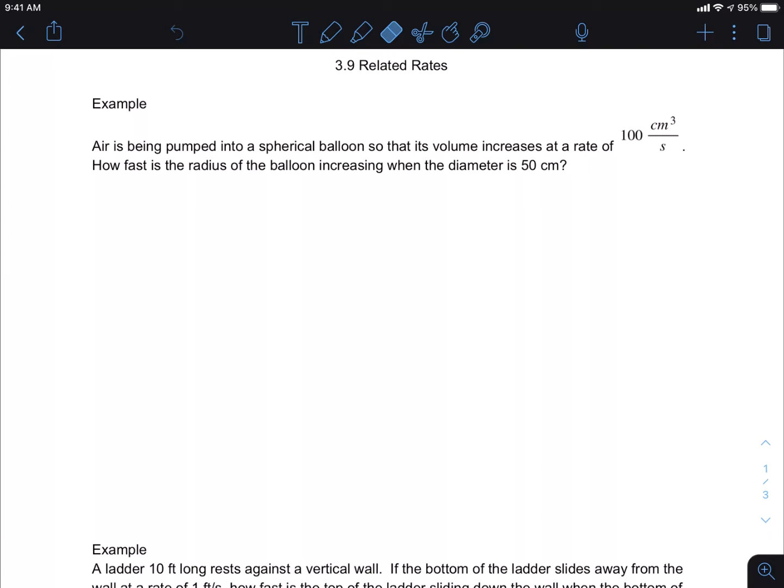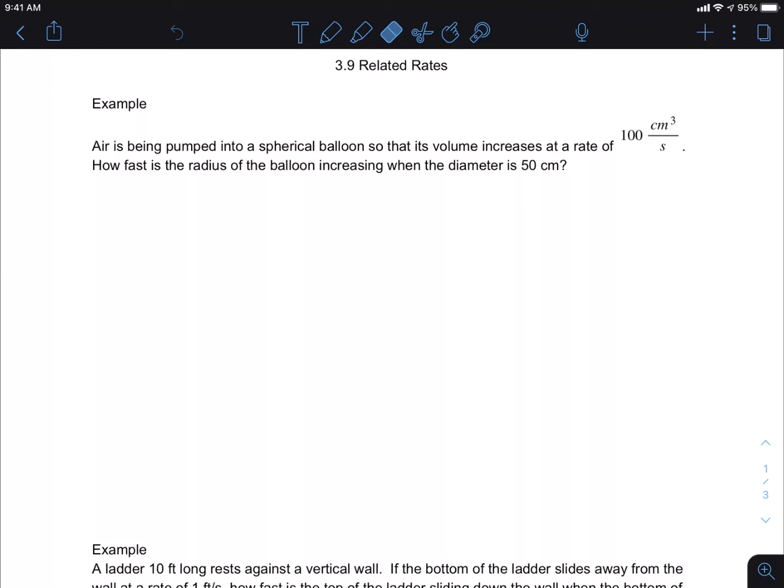Now, derivatives, we remember, are rates of change, correct? That's absolutely critical that we understand that derivatives are, in fact, rates of change. And since it's a rate of change, what this is telling me is that 100 centimeters cubed per second is a volume rate of change.